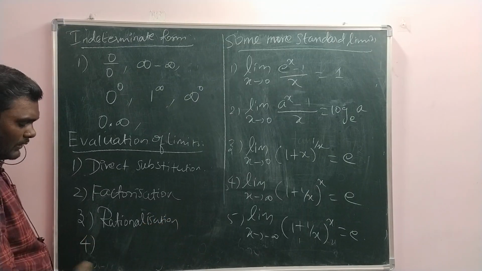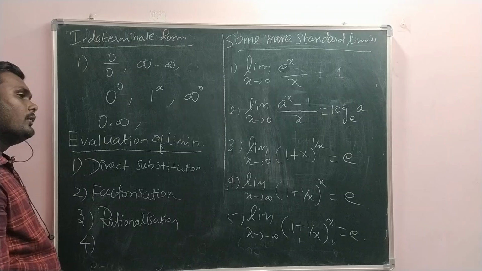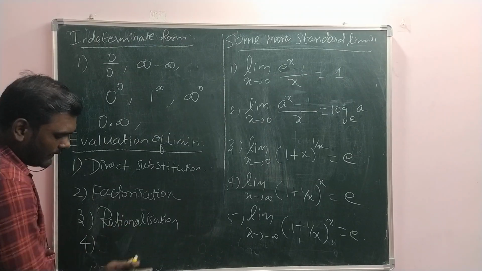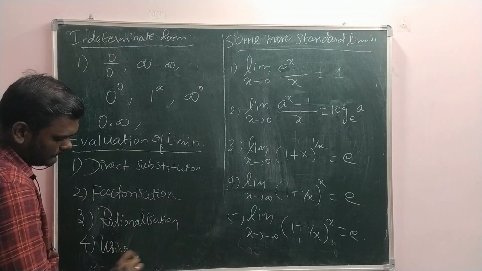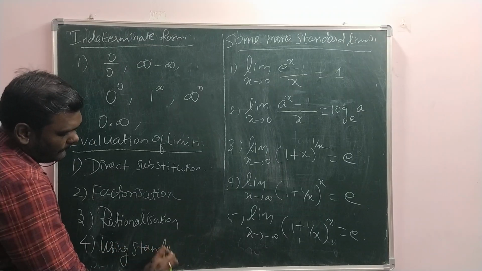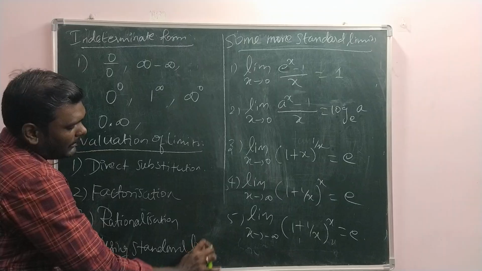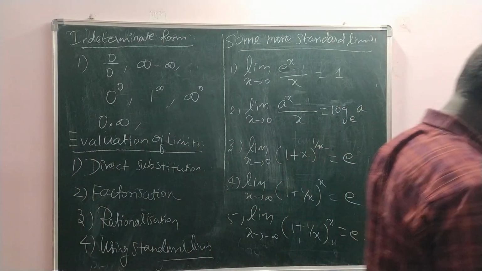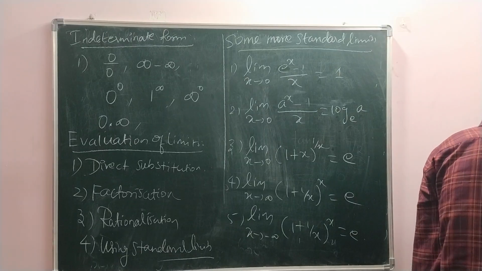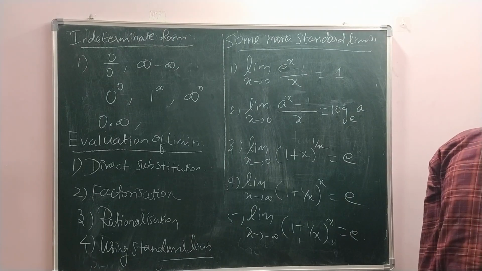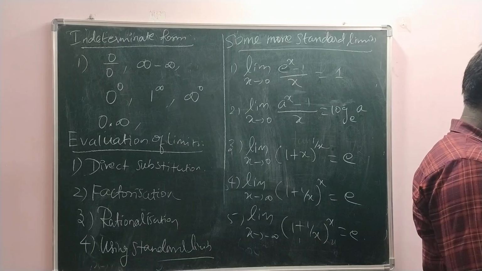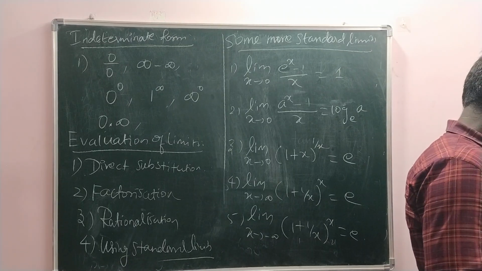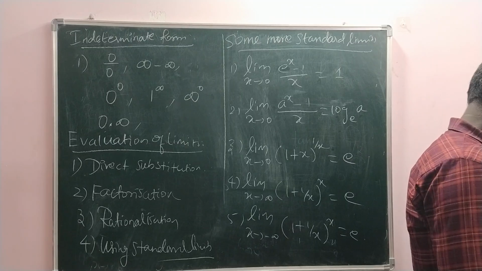If rationalization is also not possible, then we go for using identities or standard limits. What are the standard limits? We have seen these kinds of formulas, those formula structures. For each method, we will see one example.